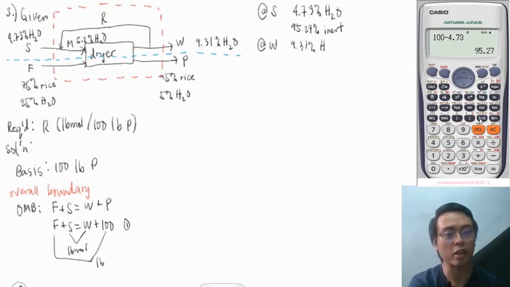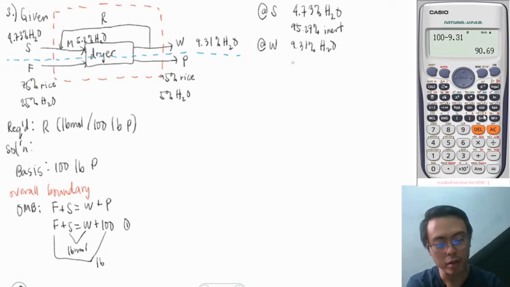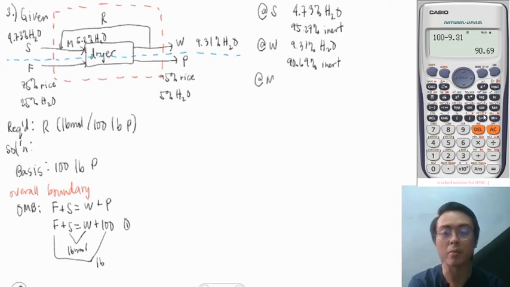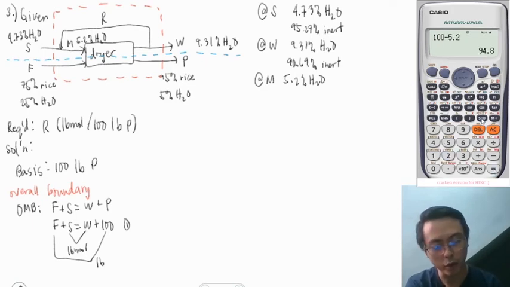If you subtract that from 100, we get the percentage of inert: 90.69% inert. If you also take a look at stream M, the stream that goes into the dryer, that's 5.2% water. The balance, 94.8% inert.